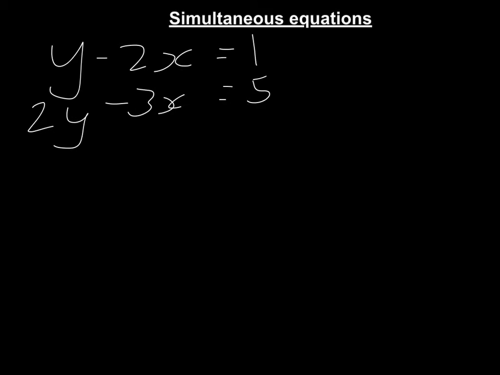I didn't say it before, but it's probably worth bearing in mind that whenever you write out a simultaneous equation, your y needs to be underneath your other y, your x needs to be underneath your other x, and your number needs to be on its own, underneath the number on its own over here. Hopefully you've recognised that. If not, we need to do that now.